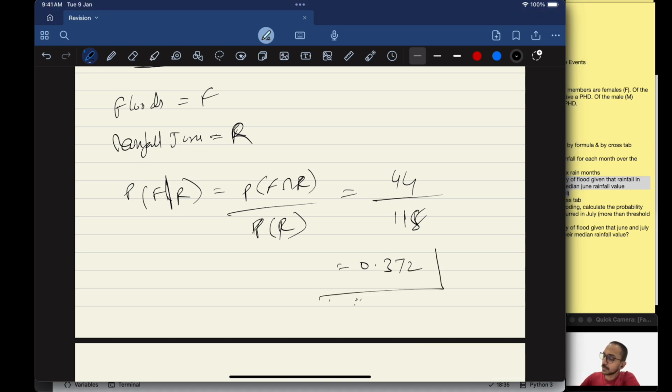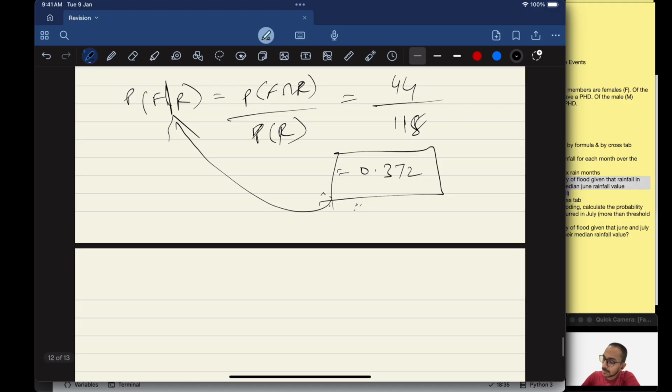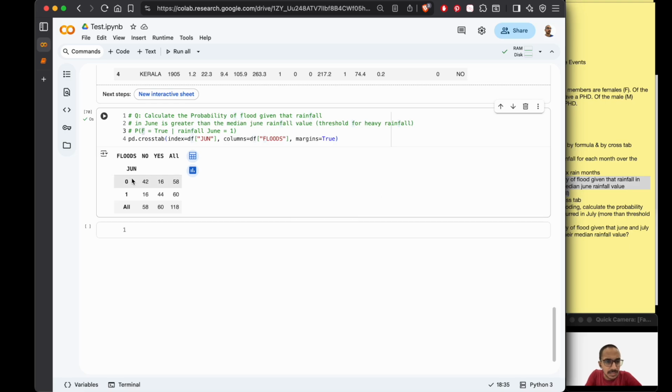So this 0.372 is not for F given R. This is for P of F intersection R. So like I said before, these are not probabilities. These are raw values, right? So we have to convert these raw values into probabilities.